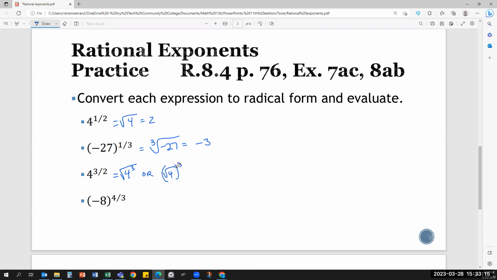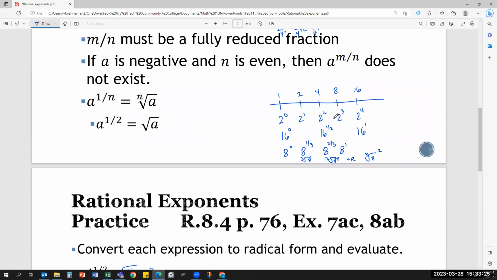It's generally going to be easier to evaluate the square root first and then apply the power. 2 cubed is 8. So we see that here on this line: 4 to the 0, 4 to the 1/2 is 2, 4 to the 1 is 4, 4 to the 3/2 is 8.